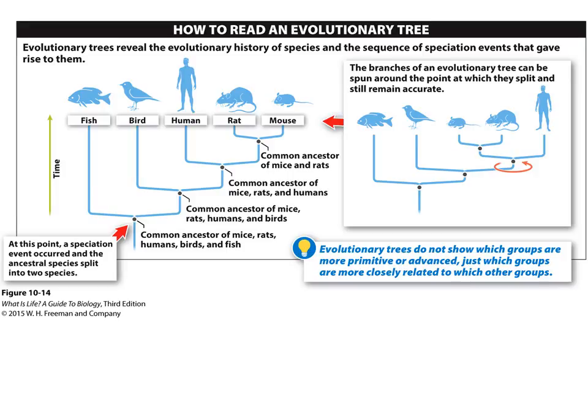So how to read an evolutionary tree. A phylogenetic tree not only shows the relationship among organisms, but also presents a hypothesis about the evolutionary history of species. At the beginning of life on Earth, there was the first living organism, one that could replicate itself and that had a metabolism. So that was about 3.4 billion years ago.